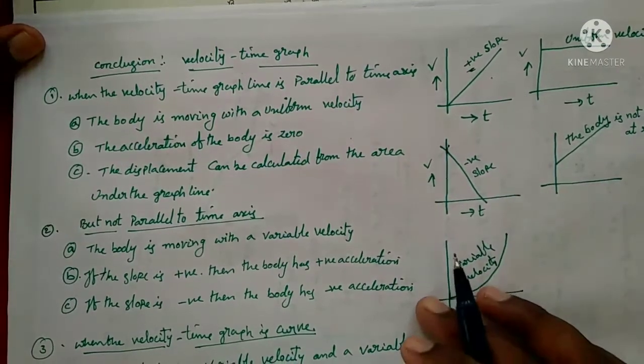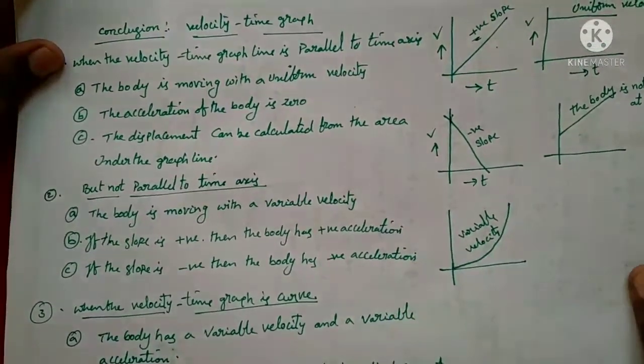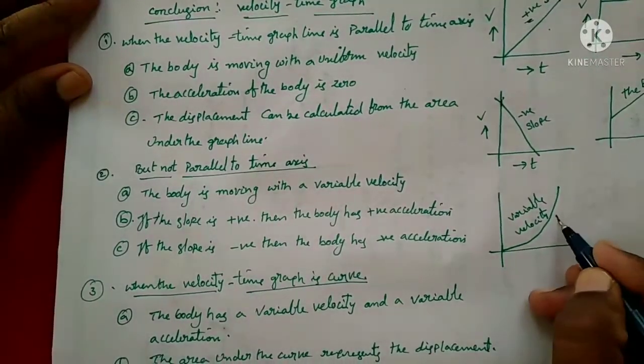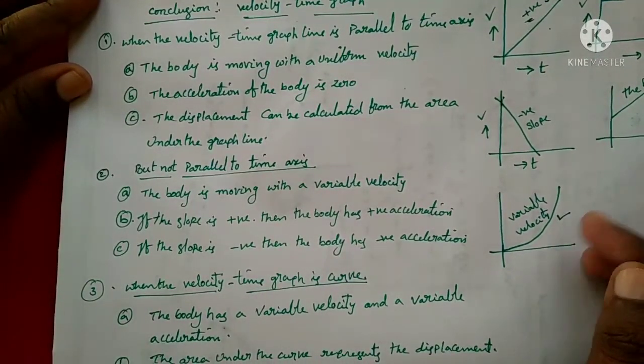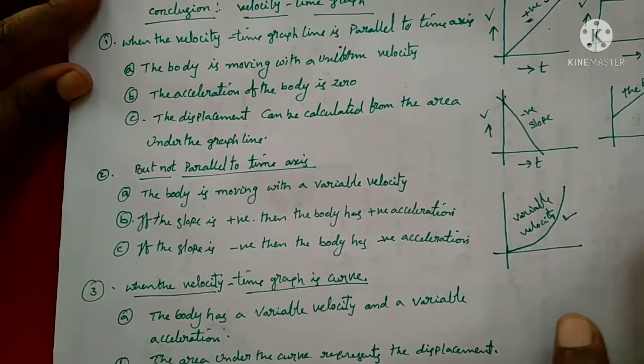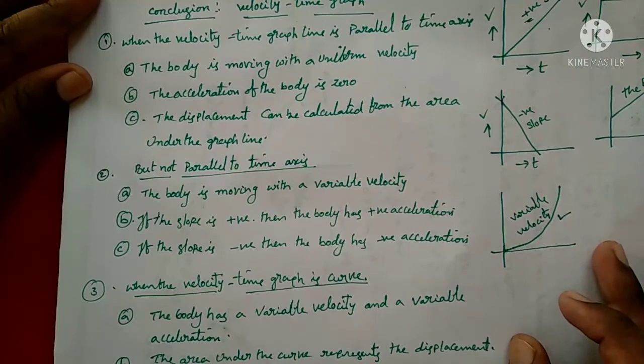Now when the velocity versus time graph is a curve, the body has a variable velocity under a variable acceleration. Sometimes at rest, sometimes moving, sometimes with more acceleration, so different velocity. It looks like a person traveling on a traffic road.